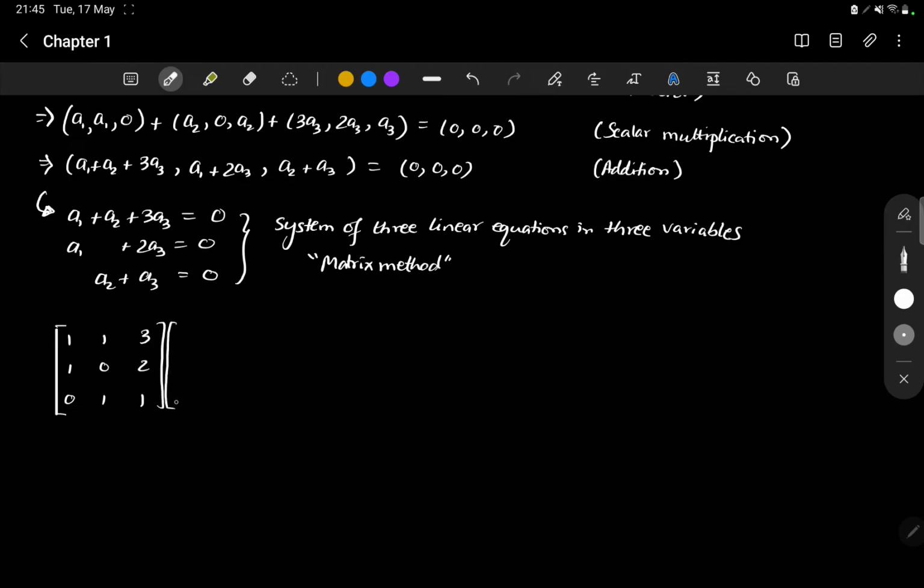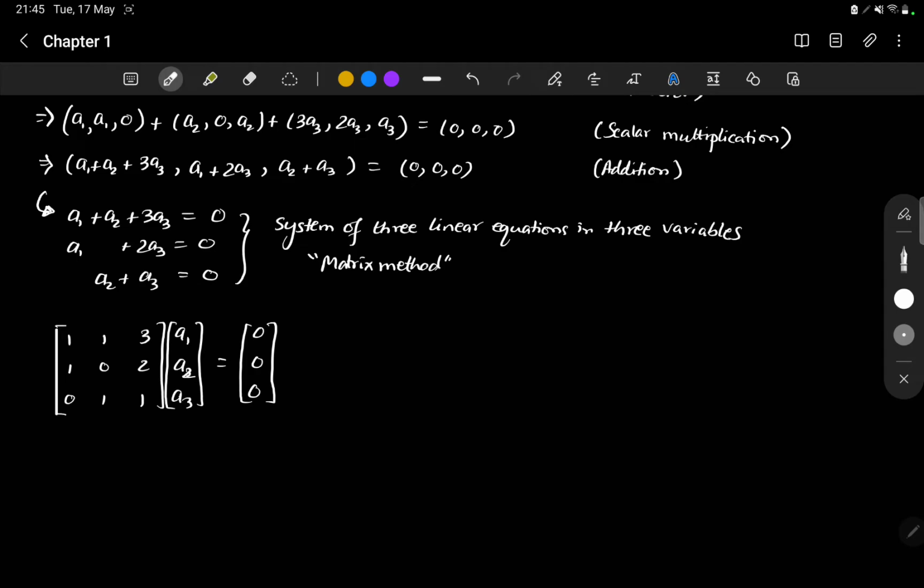This times the column vector of the variables will give us the column 0. Now we will solve this using row reduction.